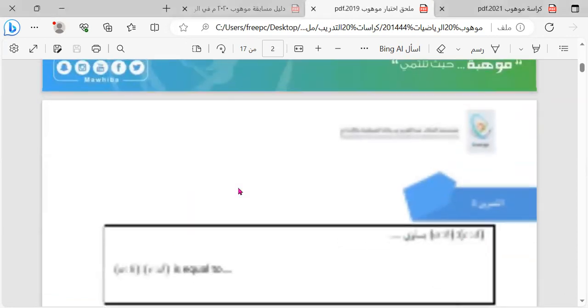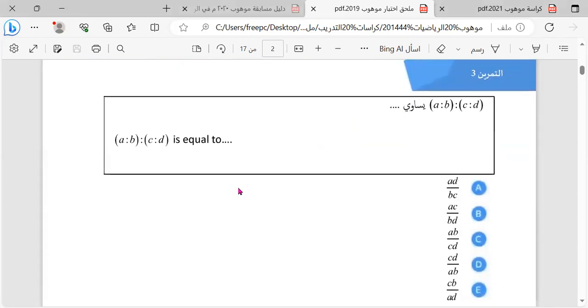Okay, we will go with question number 3. Okay, Saleh, Nawaf, read question number 3. Okay, teacher. A over B divided by C over D. Right, here, what's the meaning of A, B, C, D?